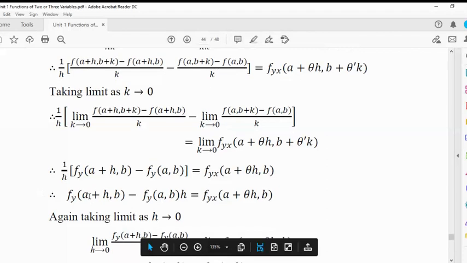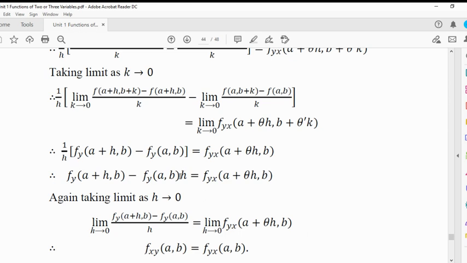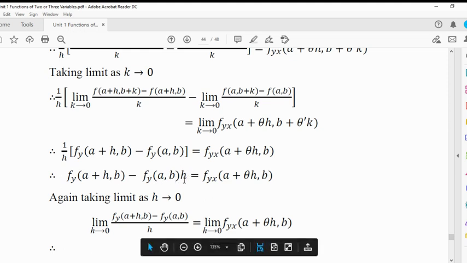Now this is divided by h: [fy of (a plus h, b) minus fy of (a, b)] divided by h. Sorry, this is not multiplied.